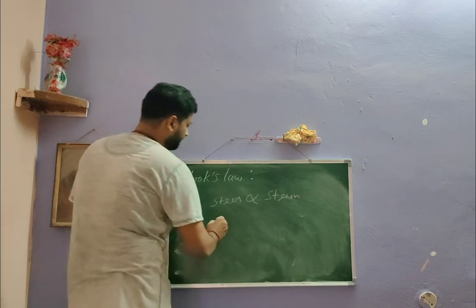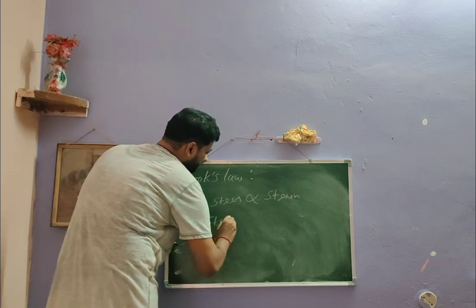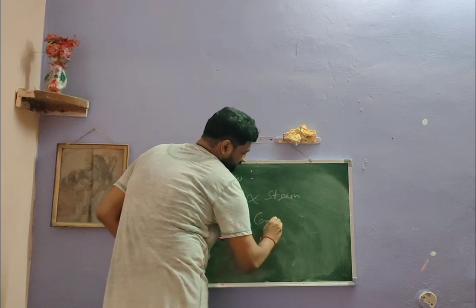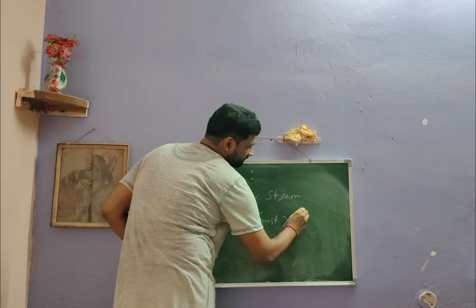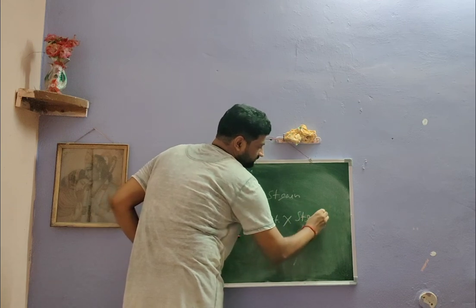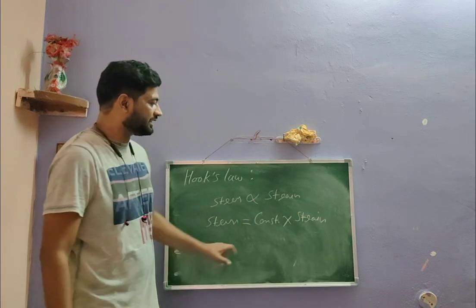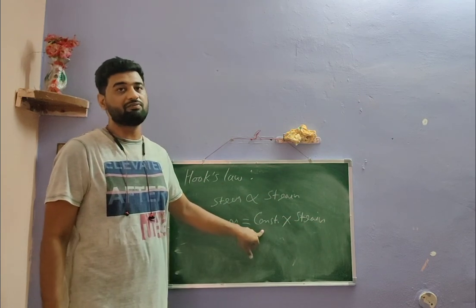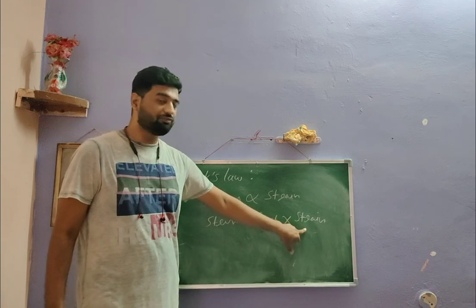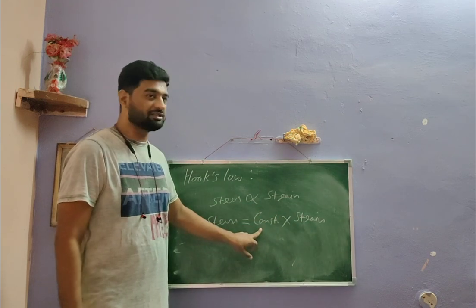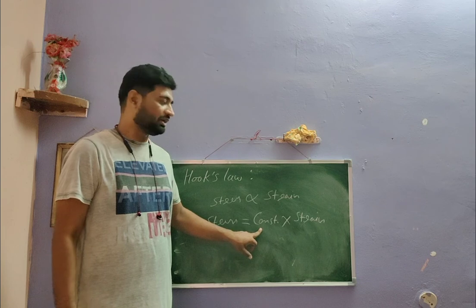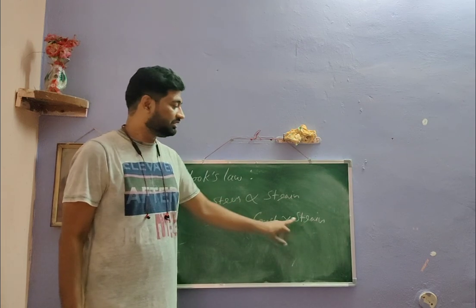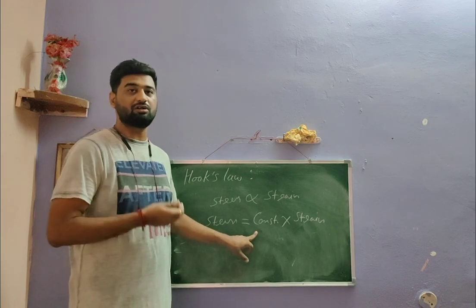If you want to write it in equal form, you can write stress is equal to constant into strain. So in case of linear strain, this constant is called modulus of elasticity. In case of volumetric strain, this constant is called bulk modulus. And in case of shearing or rigidity strain, this constant is called modulus of rigidity.